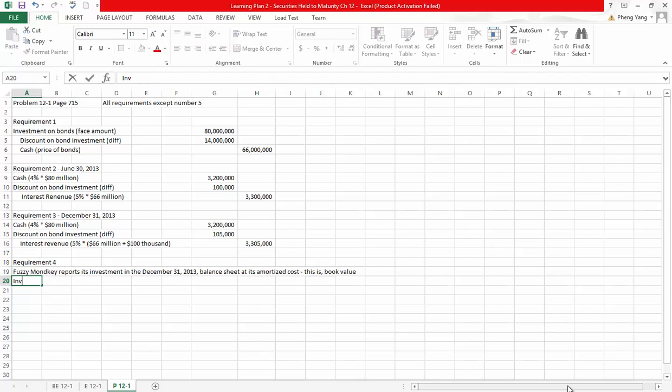So in the balance sheet area, you'll see investment on bonds, and that investment is listed at 80 million. We're going to subtract the discount on bond investment.